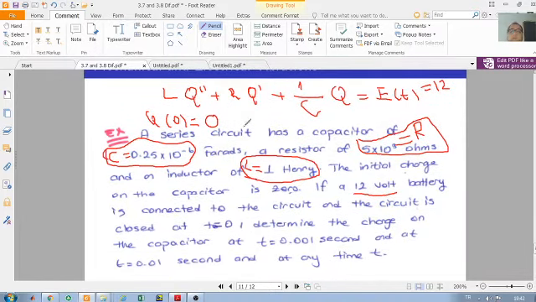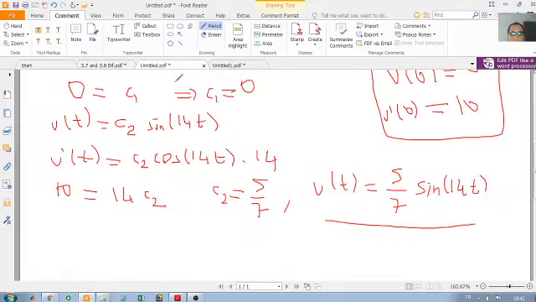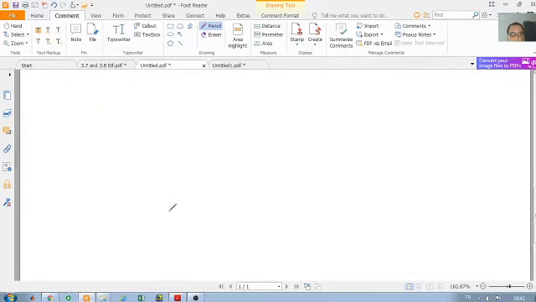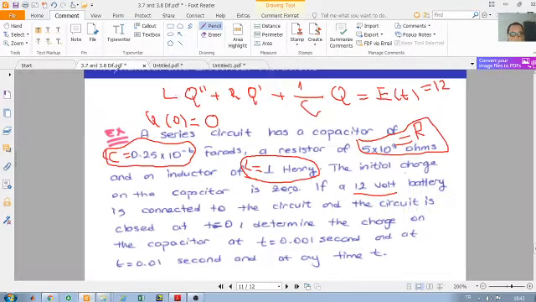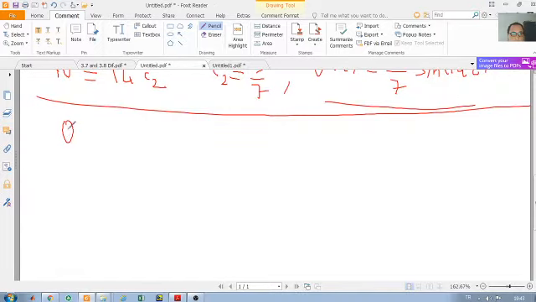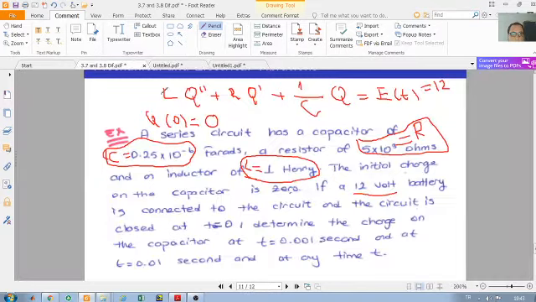So we know the differential equation, and we can find the charge by using this differential equation at any time. Okay, so let's write here: L is equal to 1, so we write the second derivative of Q plus R times the first derivative.